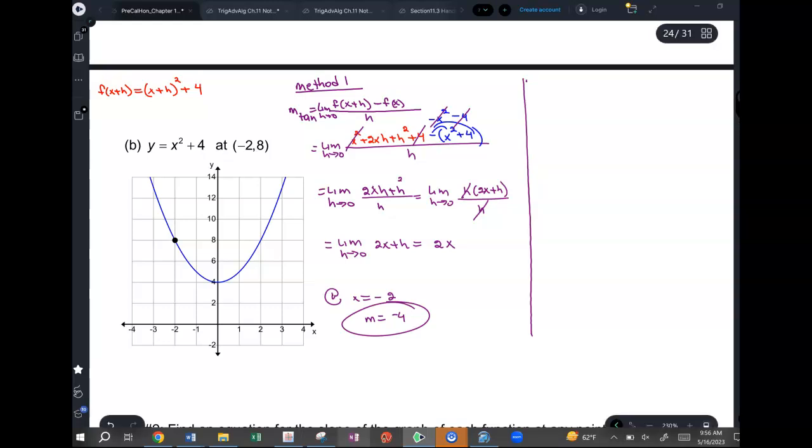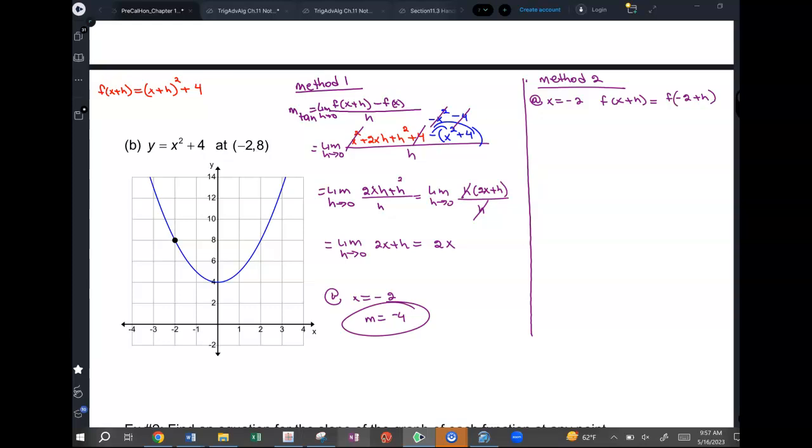All right, so here is the second method. It could be a little bit shorter. If we're given the point, we can substitute it from the very beginning. So for example, at x equals negative 2, f of x plus h is technically f of negative 2 plus h, correct? Because x is negative 2.